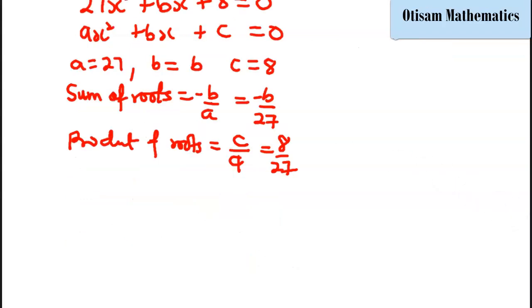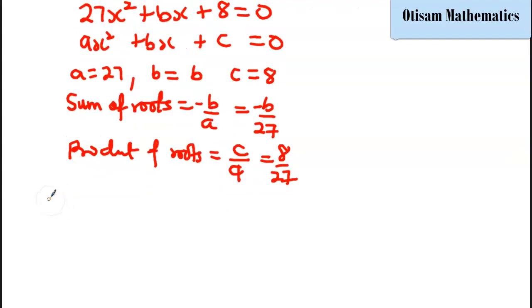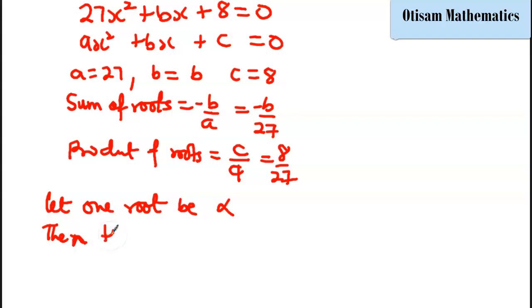Now we were told that one root is the square of the other, so let one root be alpha, then the other root will be alpha squared.